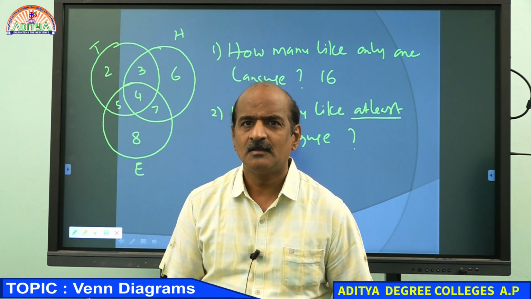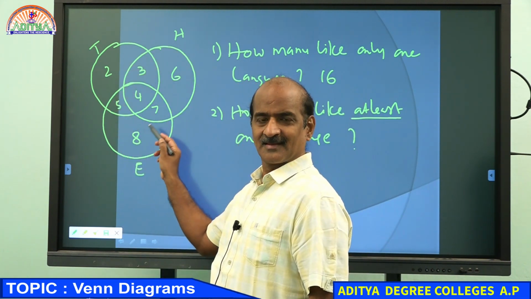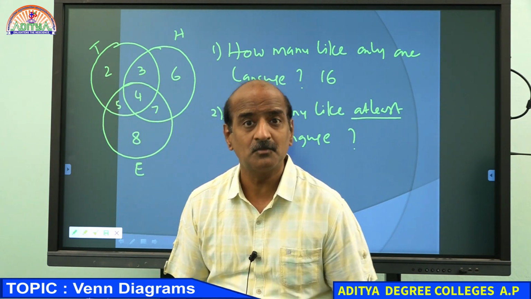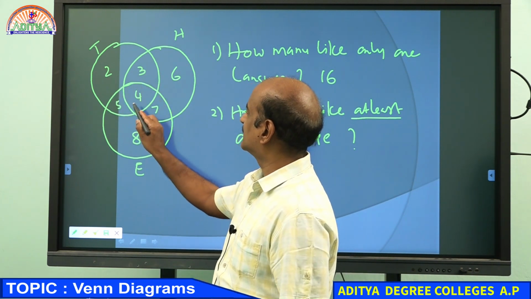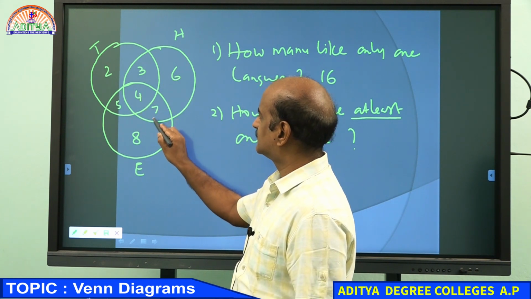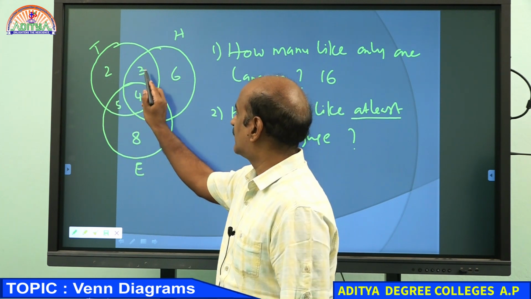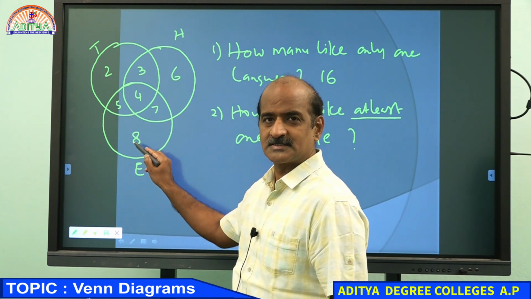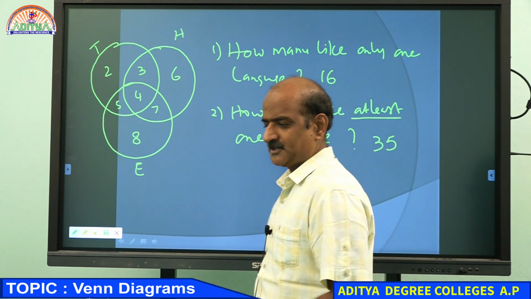We have to add all the values, because all the people like at least one language for sure. If they like more than one, it is also okay. Therefore, 2, 3, 5, 10, 14, 20, 27 plus 8. Therefore, question number 2, your answer must be 35.